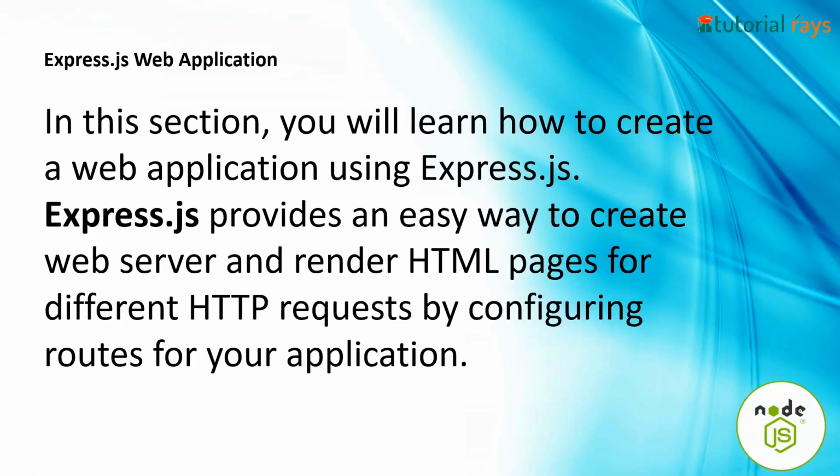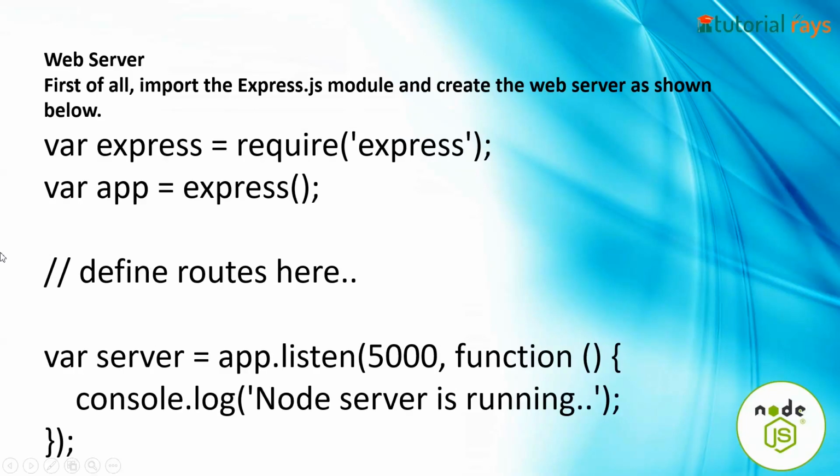In this section, you will learn how to create a web application using Express.js. Express.js provides an easy way to create a web server and render HTML pages for different HTTP requests by configuring routes for your application. If you have followed my previous Node.js video, you might have seen that we needed to require the HTTP module.